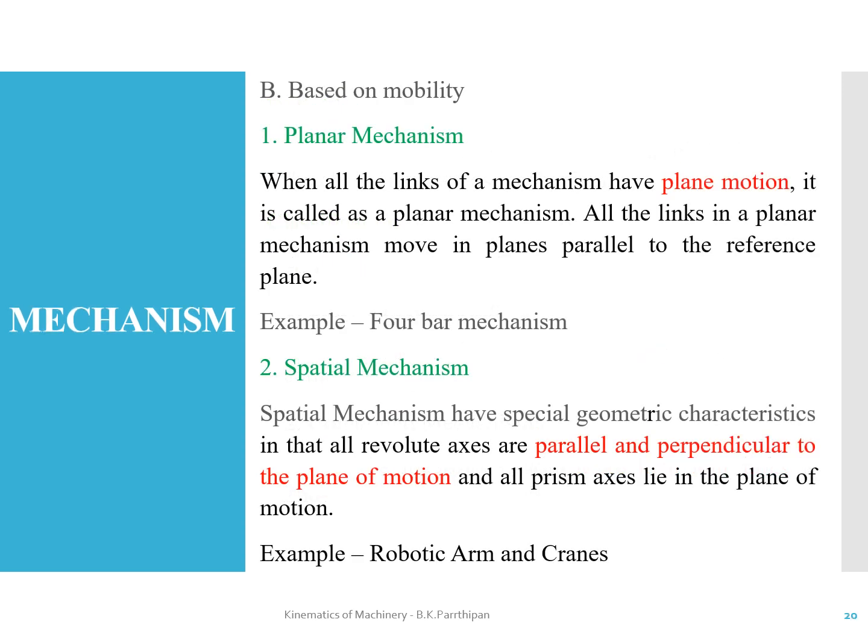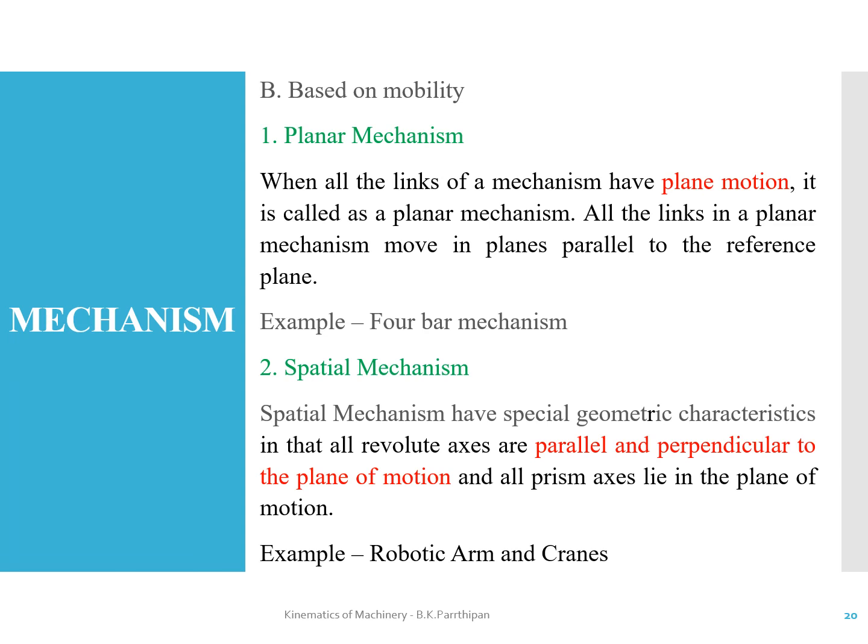Now I am going to classify the mechanism based on mobility. Based on the mobility, the mechanism is classified into two types, planar mechanism and spatial mechanism. In case of a planar mechanism, all the links of a mechanism have a planar motion.